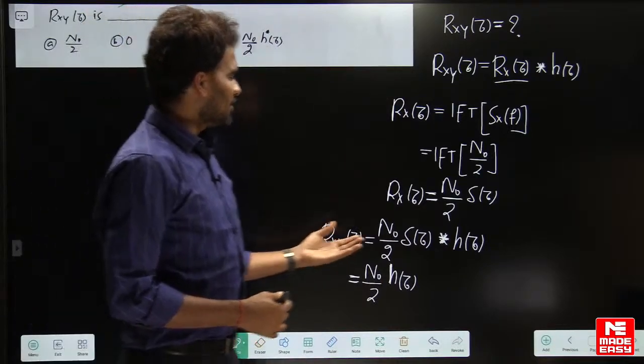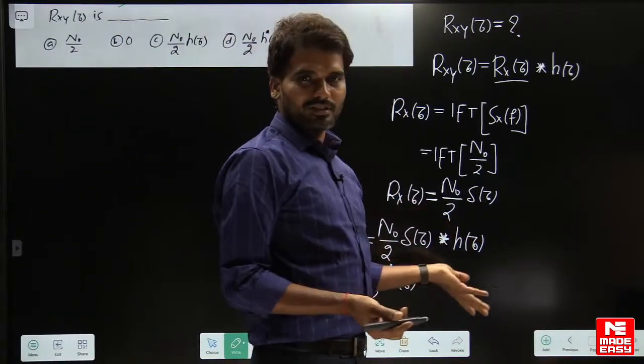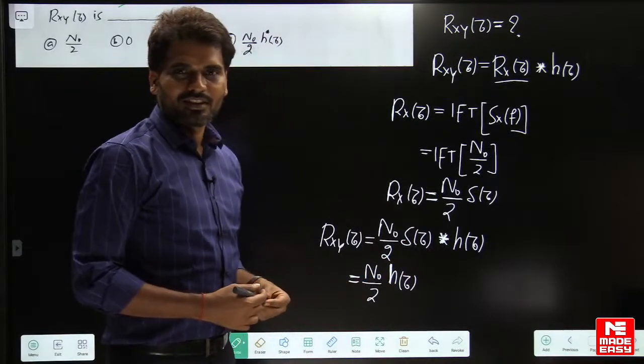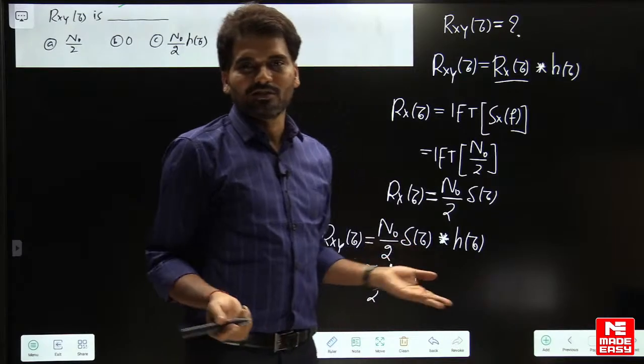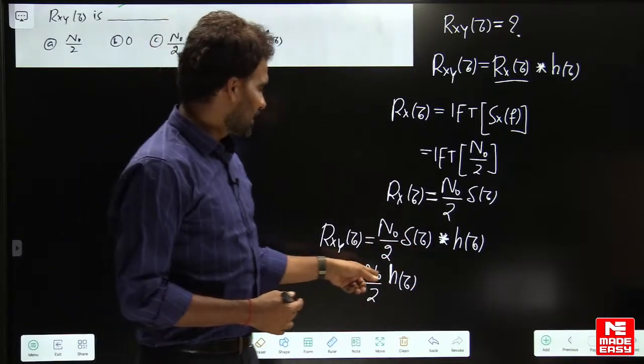If you convolve an impulse function with any other function, xt convolved with delta will be xt only.